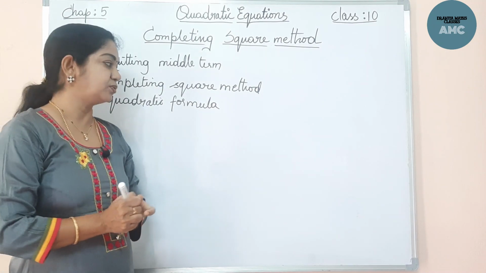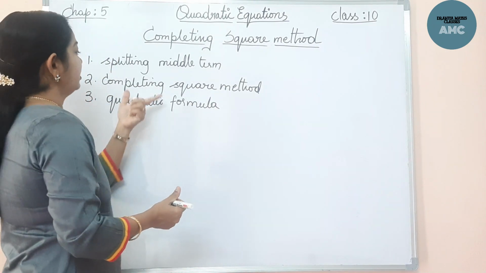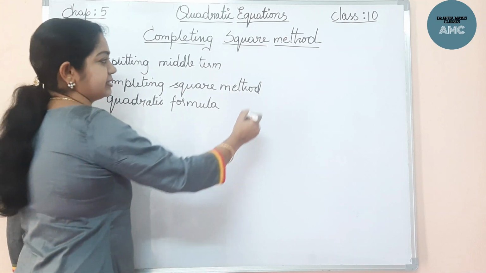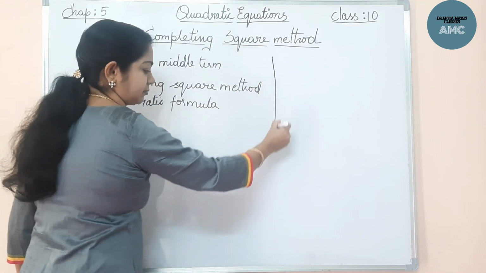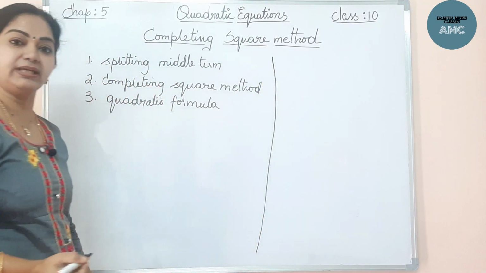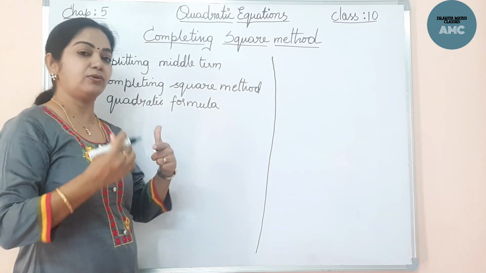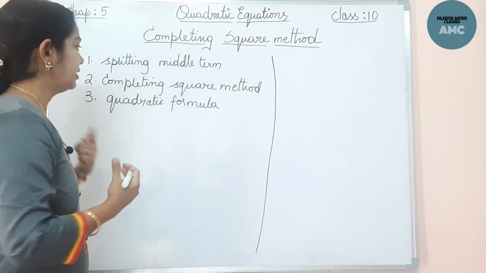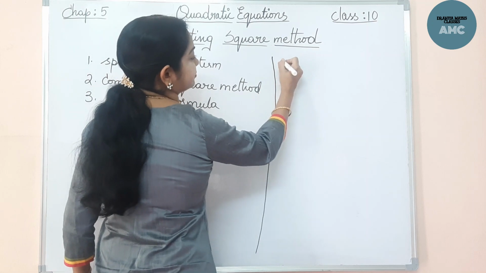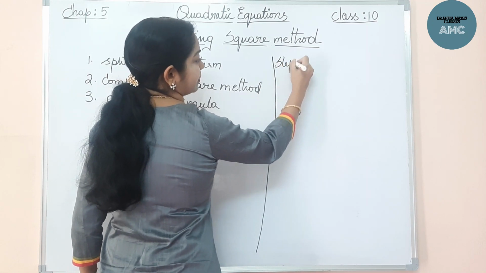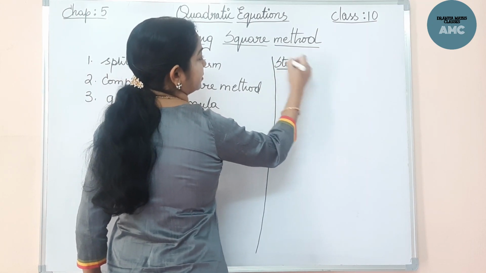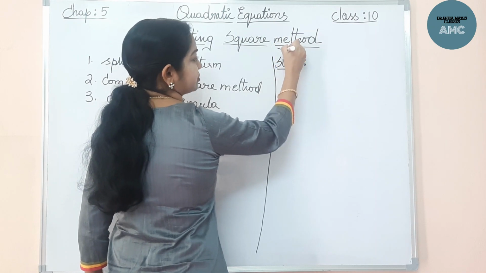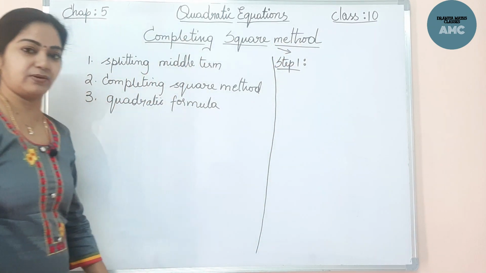out the roots. Now here, in the completing square method, there are steps to find out how to find the roots. These are the steps I am giving for the completing square method.